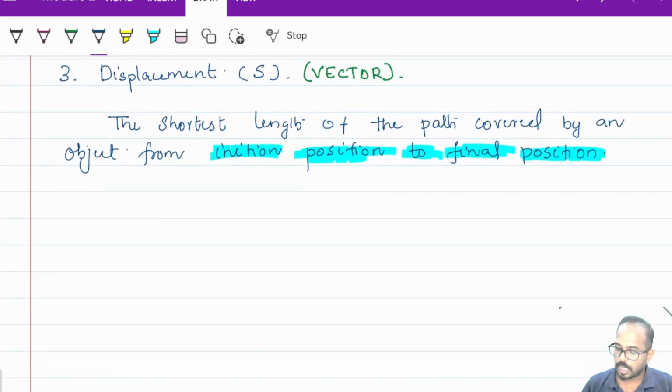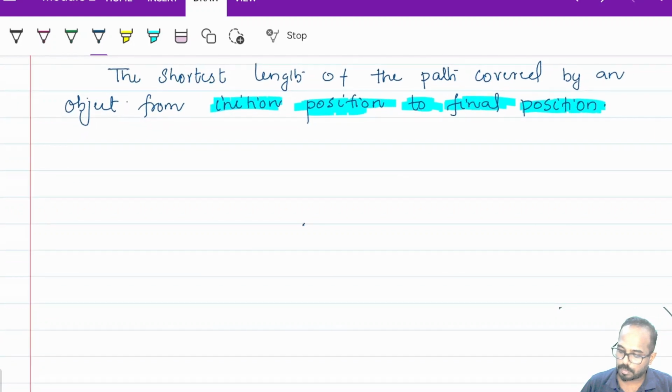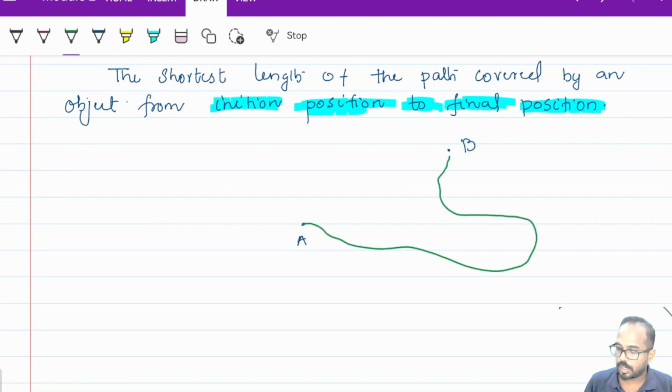Okay. For example, an object is traveling from A to B, moving in this direction and reaching this point. So this is the direction of motion. What is this green line? The length of this green line will be the distance.